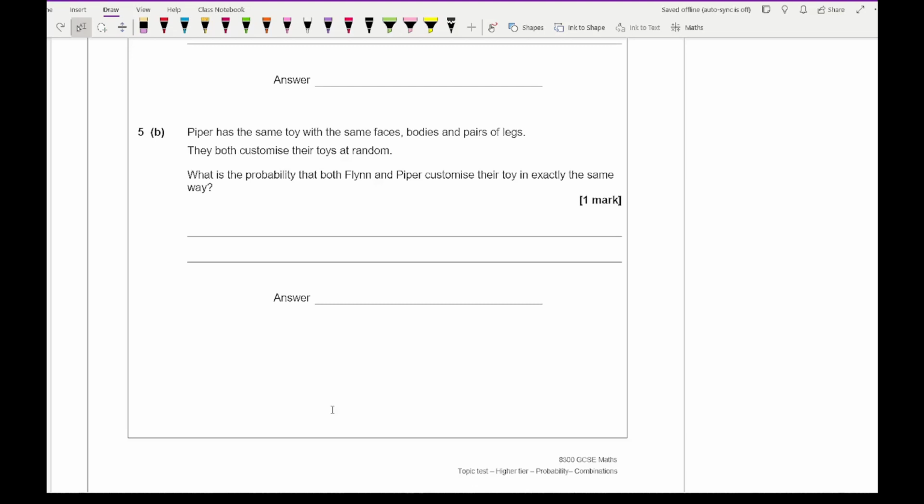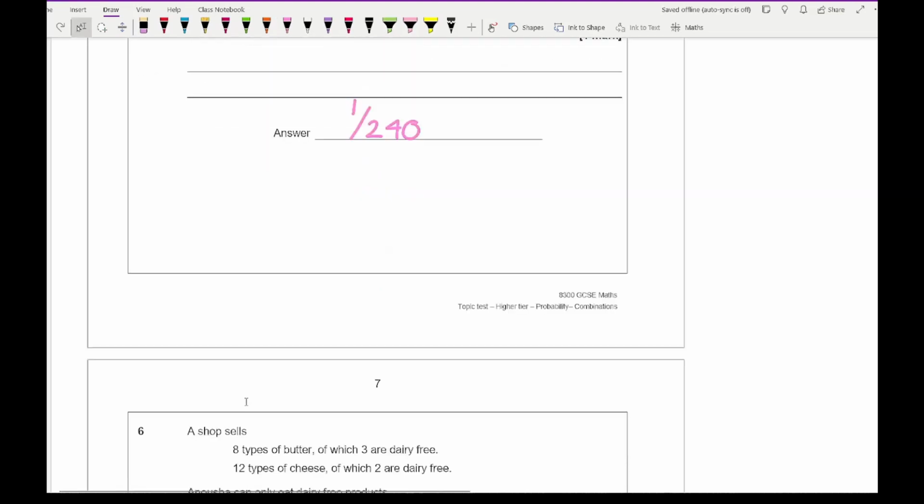Now, if you think about that, then the probability that Flynn has the same one as Piper is going to be one of the combinations that he's got to choose from. So for this one, it's just simply going to be 1 out of a total of 240 possible combinations. So try and look at this question as what's the probability that Flynn has the same outfit as Piper on his toy, or on their toy, I should say.